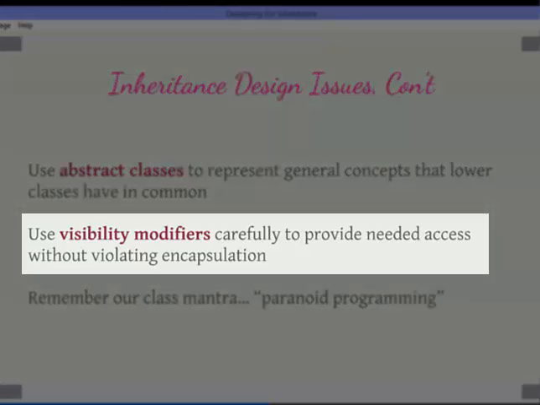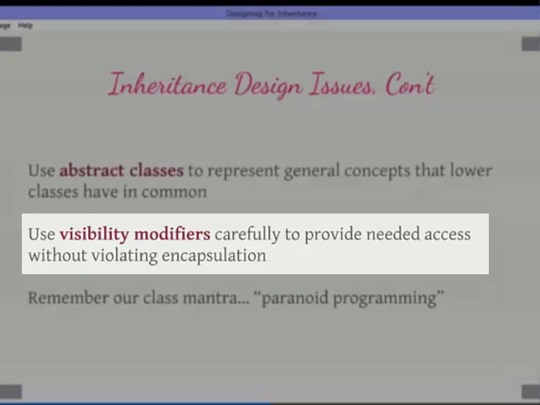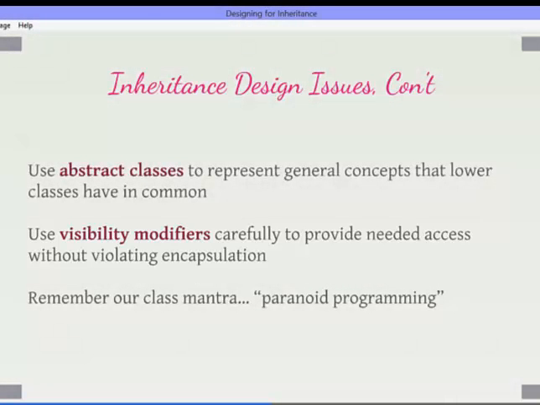The visibility modifiers, public, protected, and private, give us a lot of control over what parts of the code can access and/or modify or mutate the members of the class. We still need to think like paranoid programmers, but with good style. In class hierarchies, we may need the subclass to have direct access to a superclass variable, so we make it protected.